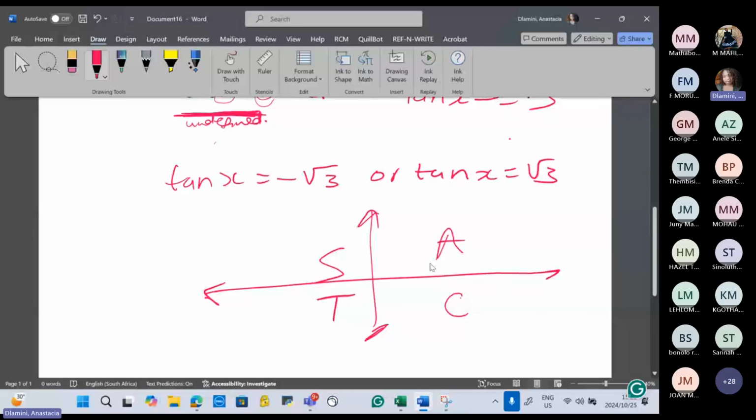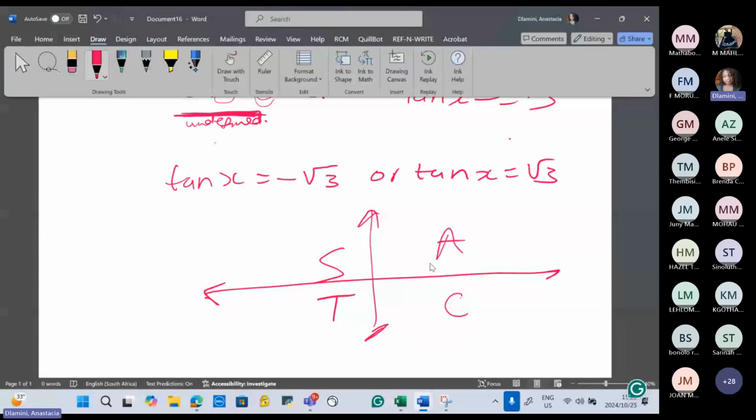So we start with which one? Tan negative root 3. So let's start with that one then. Now, guys, you remember there are two ways.